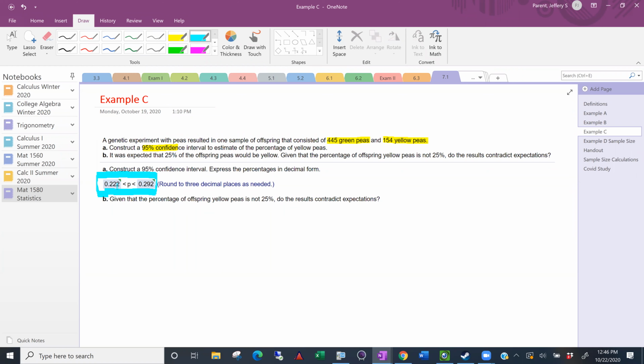Because remember, we just got one estimate, that's your point estimate. But your confidence interval contains that 25%. So it's not a contradiction. It doesn't contradict what was going on with that one.